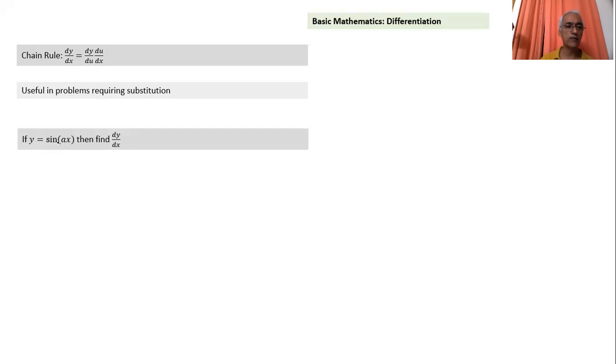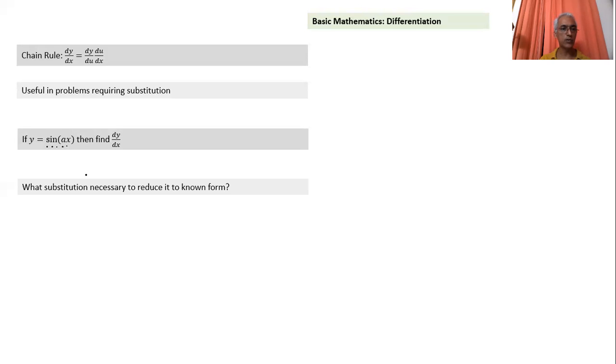Suppose y is given not as sine x. We are used to the formula y is equal to sine x, whose derivative is cos x. But it is not sine x, it is sine ax. There's some constant term multiplied in it. So this is not a known expression. We can convert it into a known form by a suitable substitution.